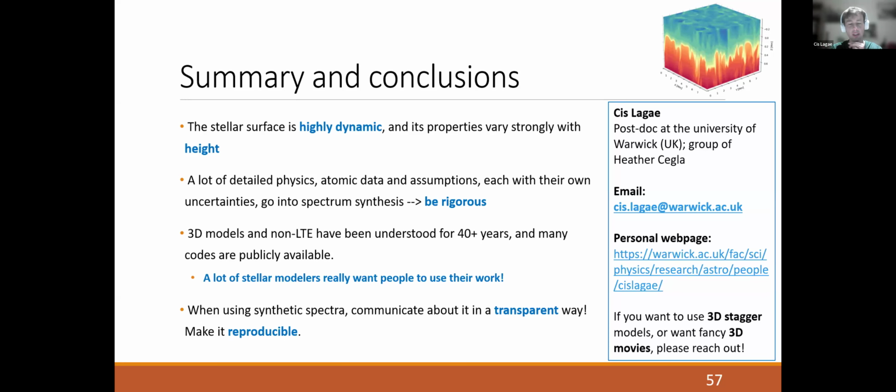Some iron 2, some silicon, some calcium. And what I've noticed is that even though they're quite different, they do react the same way to granulation. Sort of, if one line gets blueshifted due to the granulation, all of them get blueshifted, but in different ways, not necessarily the same velocity. If one line gets stronger in equivalent width due to granulation, they all get stronger. But again, they behave differently, though they seem to behave in the same direction, which is good for us.